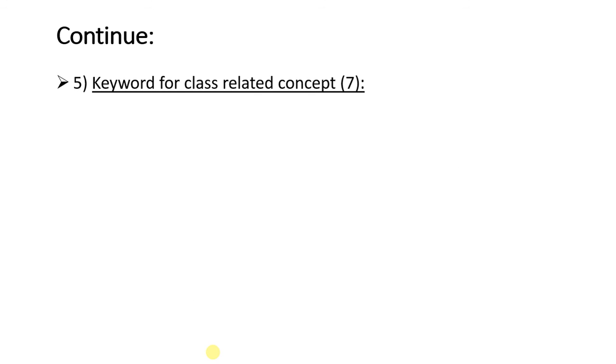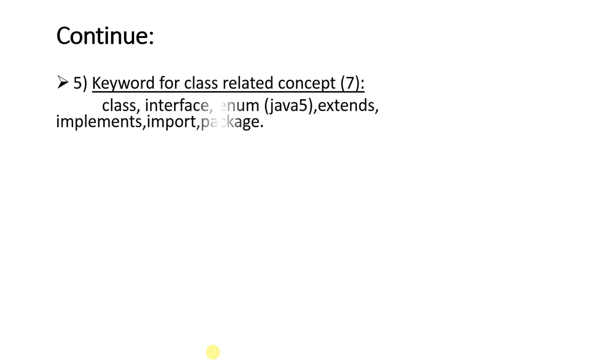The next category is keywords for class related. This is a very important concept. We cannot write a single program without these keywords. Like enum, which also comes from Java 5.